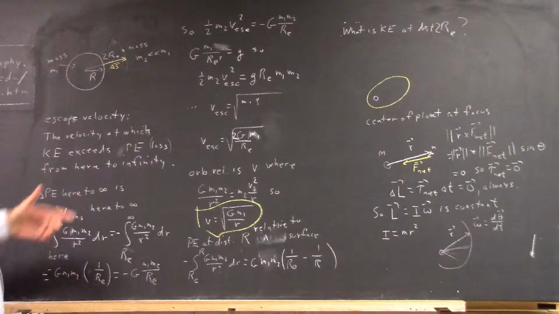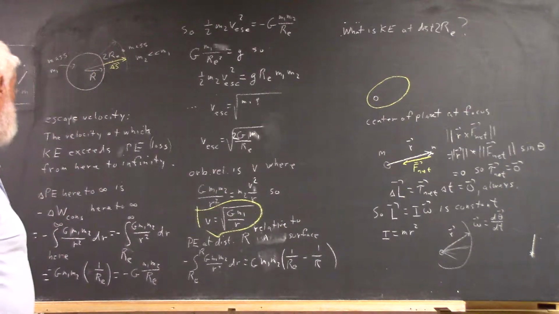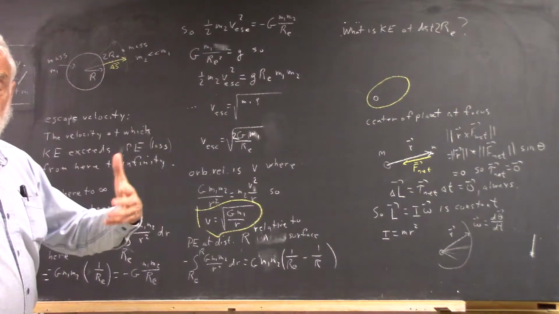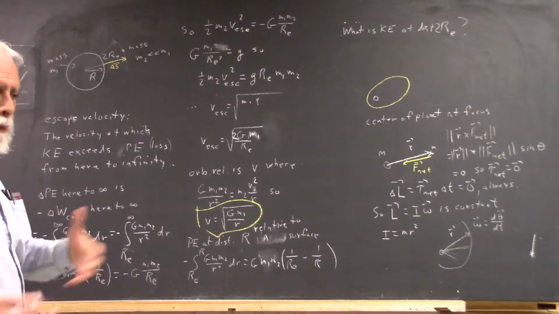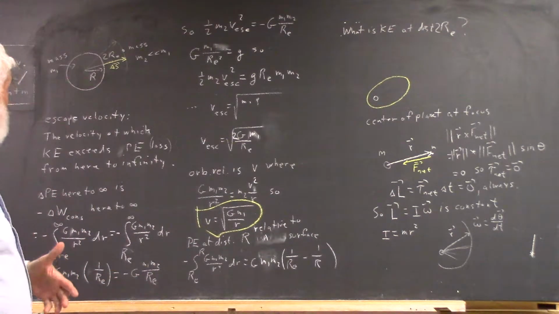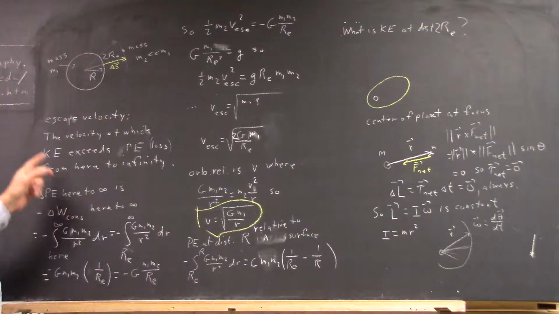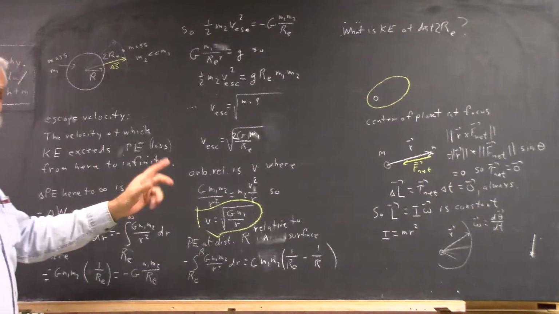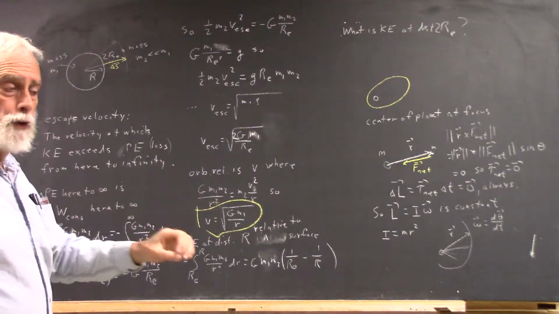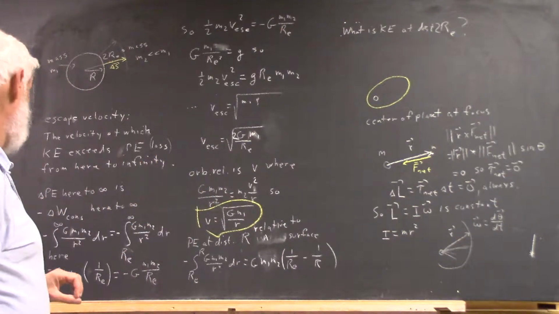Okay, so the escape velocity from the surface, if we assume there are no non-conservative forces, of course, because if there are non-conservative forces, we have to take those into consideration. When we say the velocity at which the kinetic energy exceeds the PE loss from here to infinity, we're implicitly assuming that there are no non-conservative forces acting.